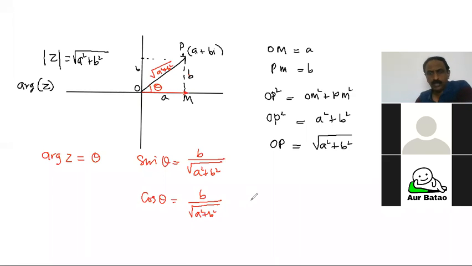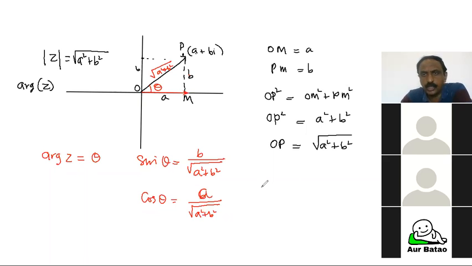So if I give you a complex number, how will you decide what is the argument and what is the modulus? The actual formula to calculate argument is tan theta is b by a. We always use tan theta to calculate the argument.